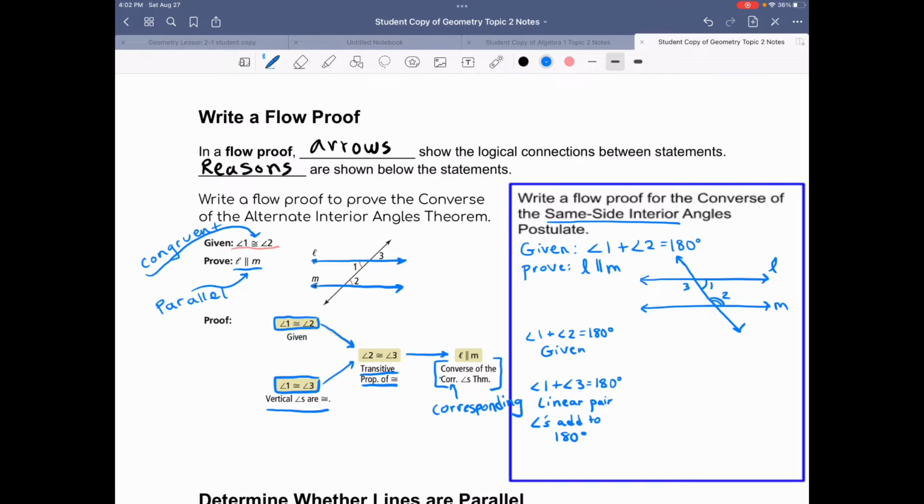Okay, so like in our example on the left, the statement was in a little box. So I'm just going to put our statement in a box, and then our reason is below it. Then we're going to draw our little arrows to show that connection.